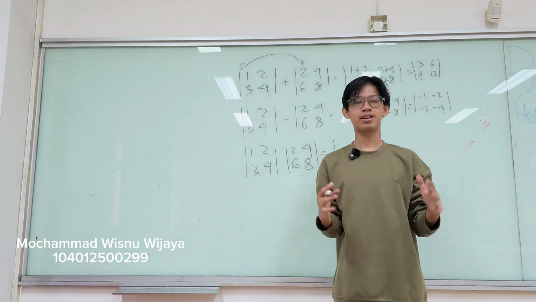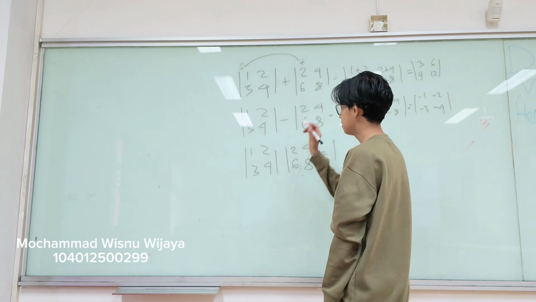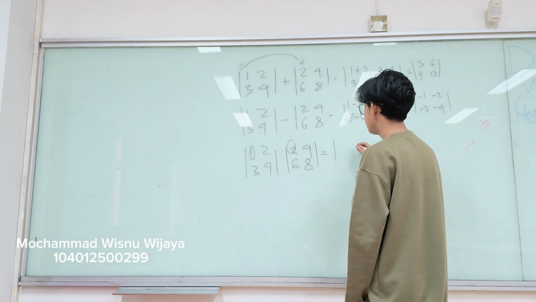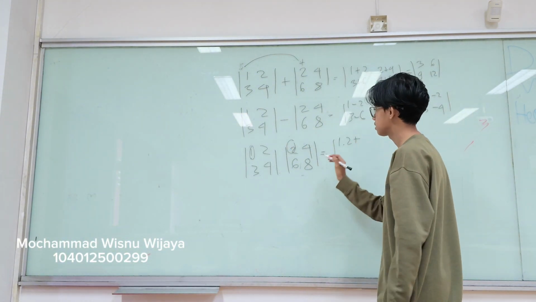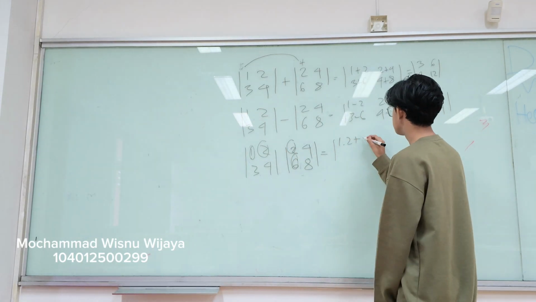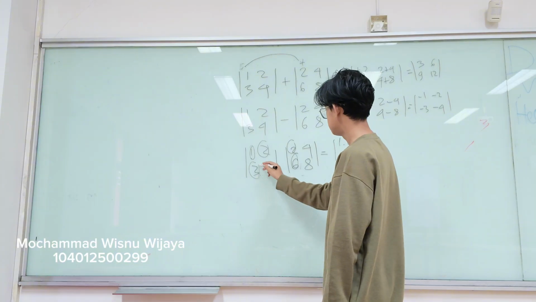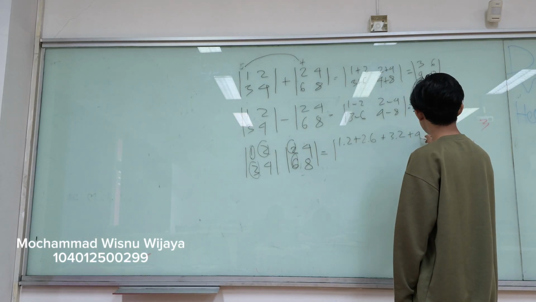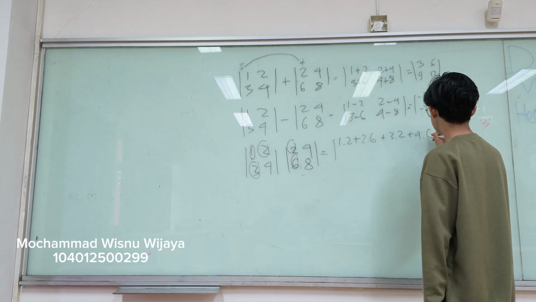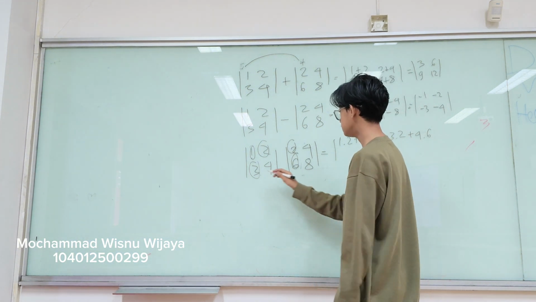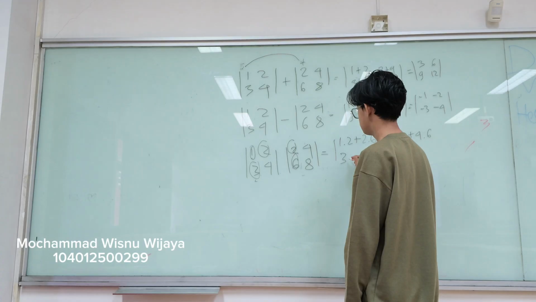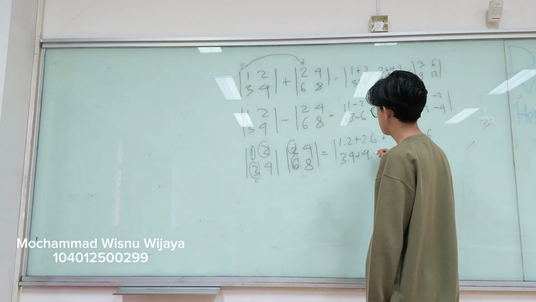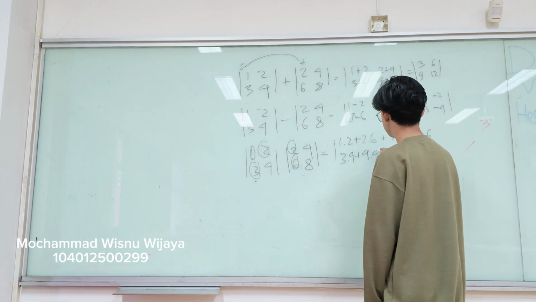Next for the times is 1 times 2 plus 2 times 6, and 3 times 2 plus 4 times second, 3 times 4 plus 4 times 4.